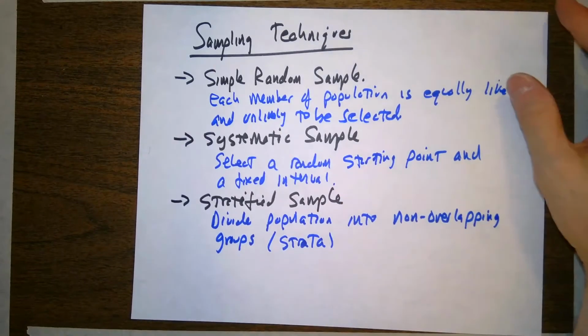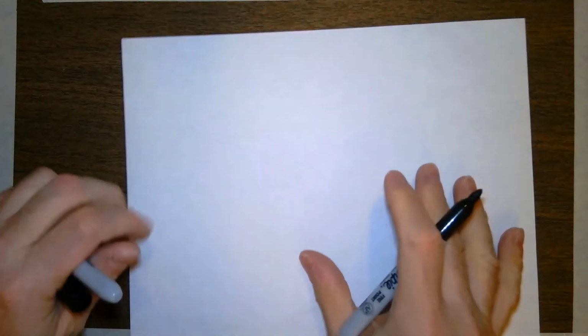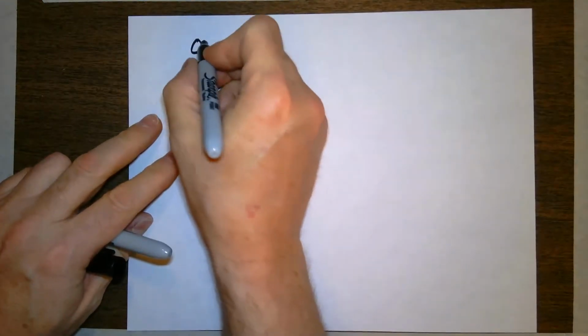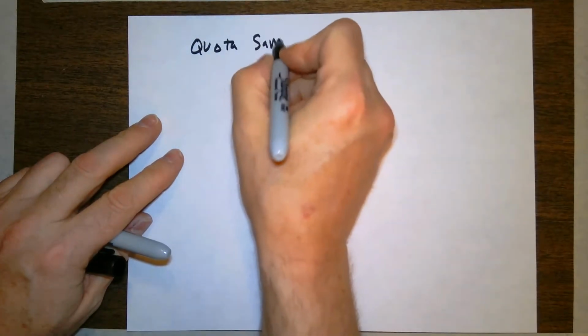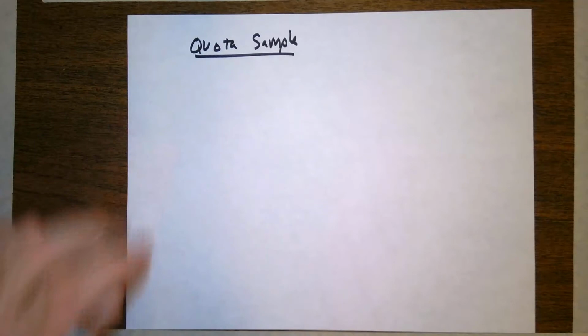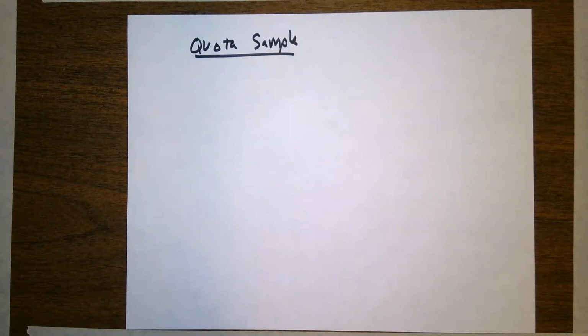The next one, I've run out of page. I'm going to go to the next page here. The next group is something called quota sampling. The idea of a quota sample is it's kind of like stratified sampling, but it involves taking a sample size from each strata in proportion to the size of the population.